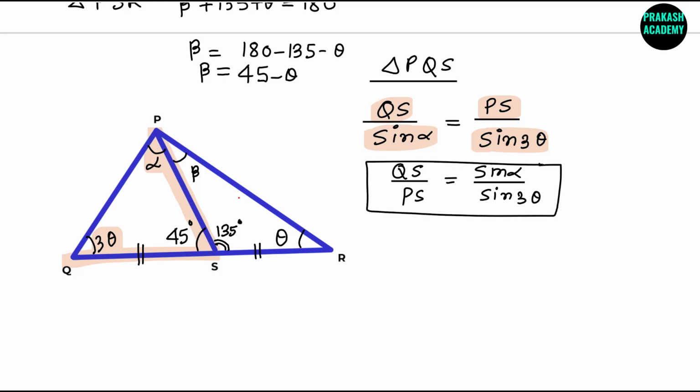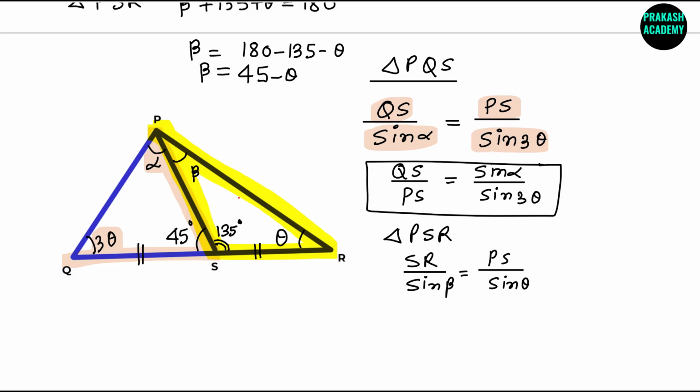Now we will consider this triangle PSR. So now in triangle PSR, what will I have? I can write SR by sine beta is equal to PS divided by sine theta.